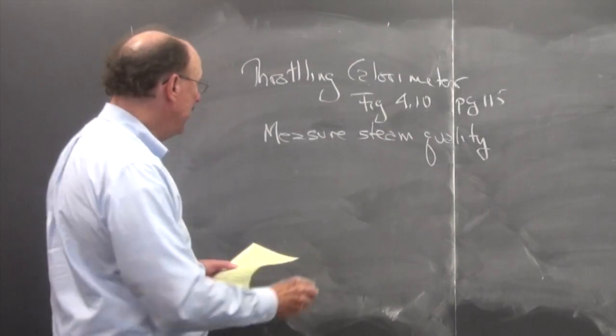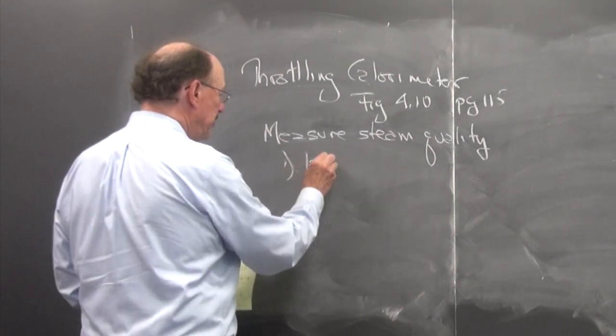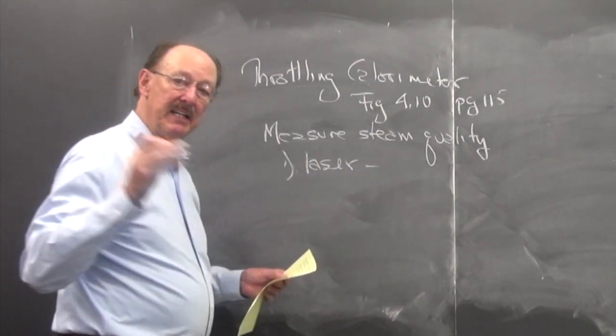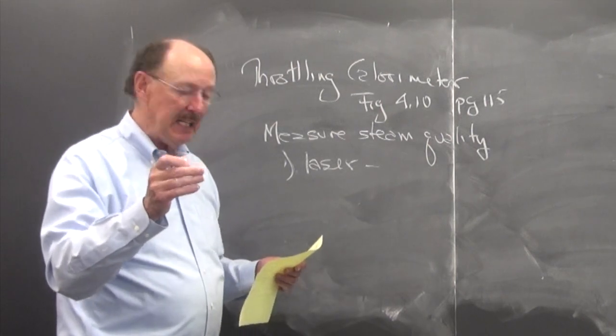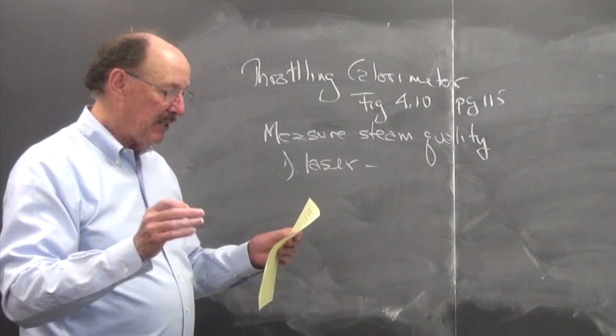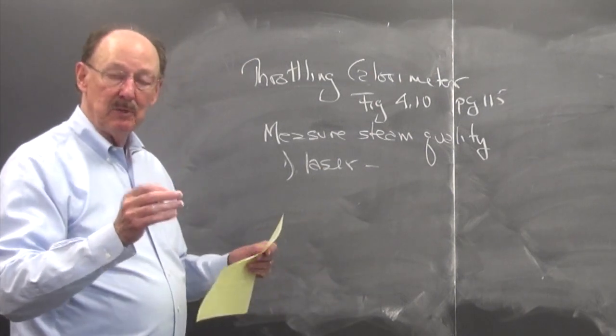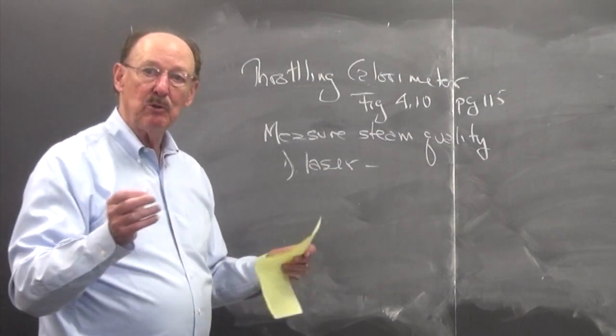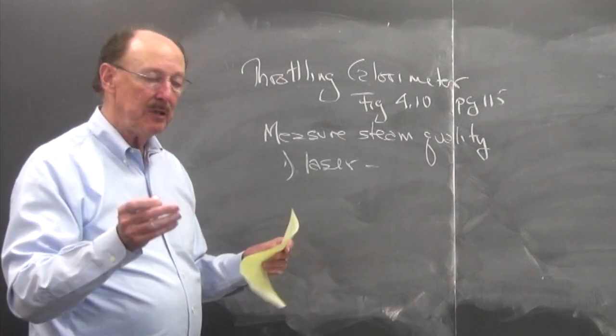And so one of the ways they do it is with a laser, and they shine a laser through the steam, and you look at the dispersion of the beam, and the greater the dispersion caused by the droplets, they can then link that to the quality.